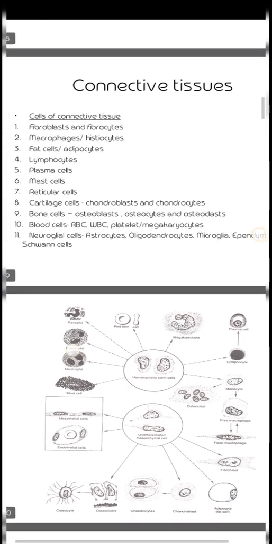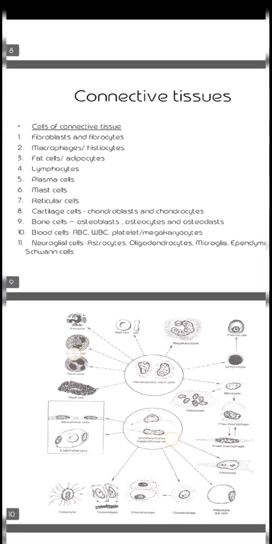Okay, different cells of connective tissue. Let's talk about those. So what cells can be found in connective tissue? They can be fibroblasts and fibrocytes. What are fibroblasts and fibrocytes? Have you ever looked at a scar?